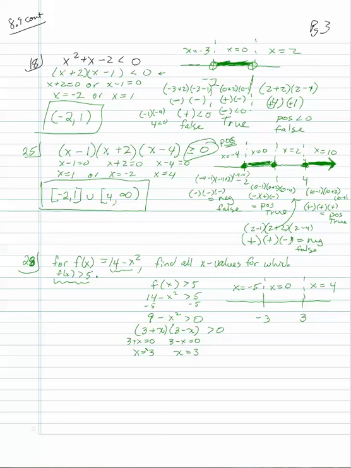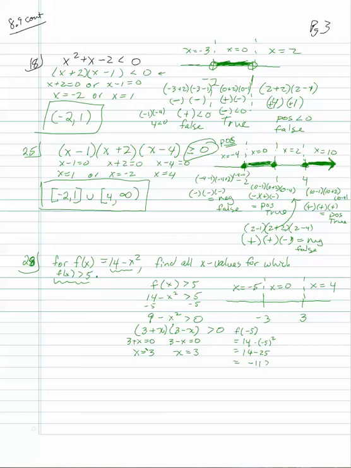We're going to plug it into... Now we could plug it into the original equation and see if it's bigger than 5. So the original, if I did f of negative 5, in the original problem, 14 minus negative 5 squared is what? 14 minus 25, which is negative 11.